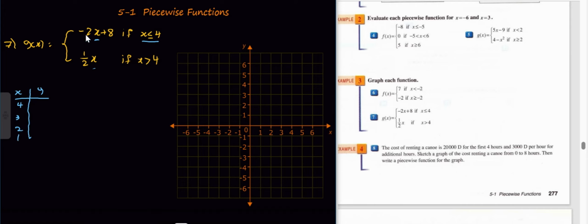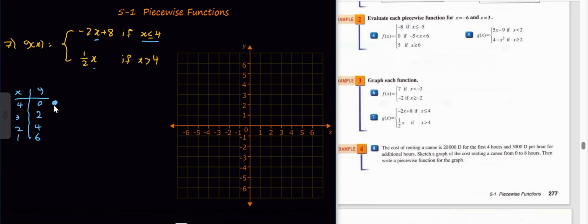When we put 4 here, negative 2 multiplied by 4 is negative 8, plus 4 will be 0. That's it. And we are going to fill this point because we have an equal sign here.